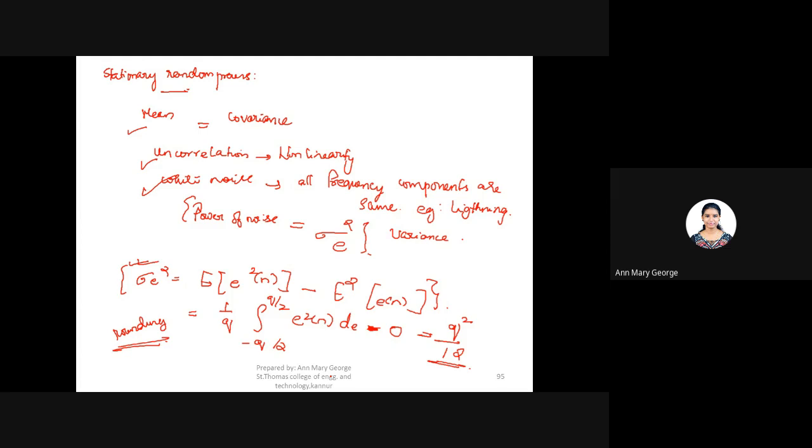Now considering the b number of bits, q or step size can be again written as 2 raised to minus b.